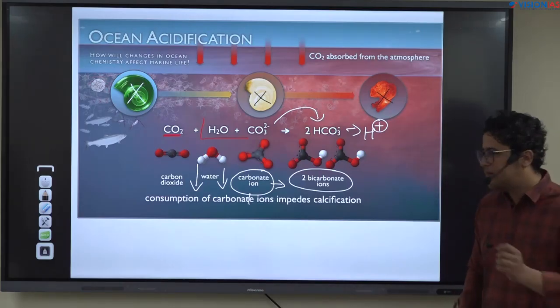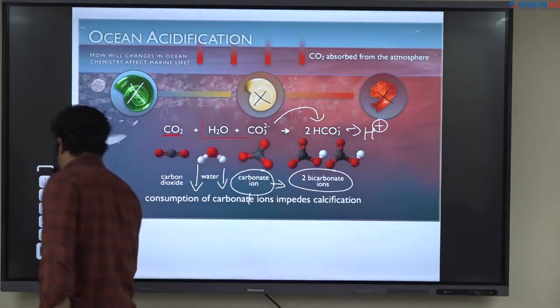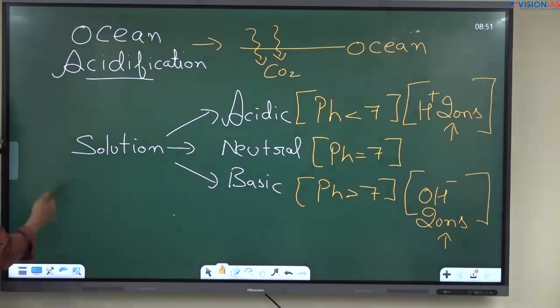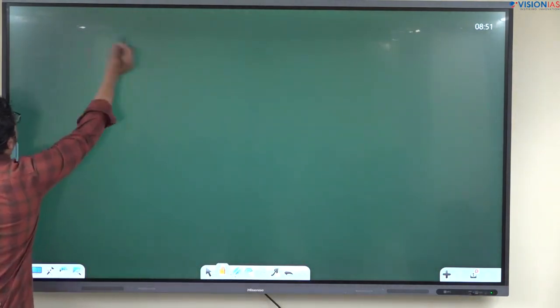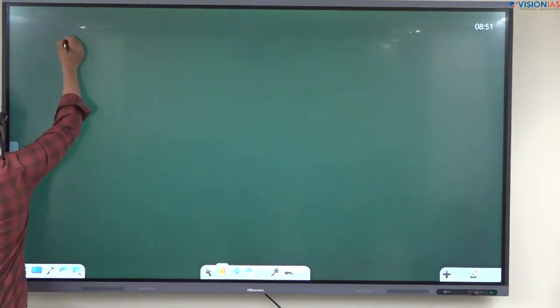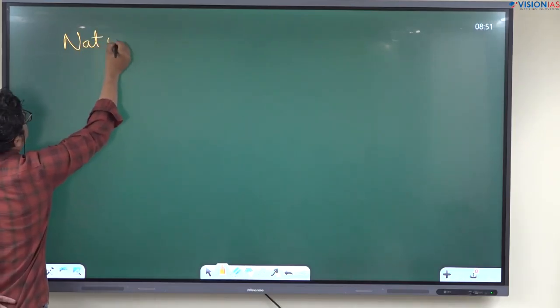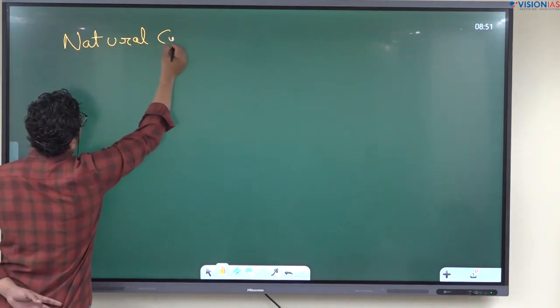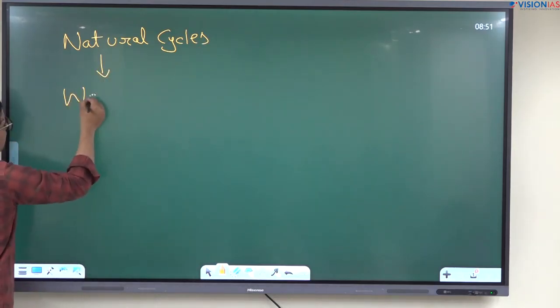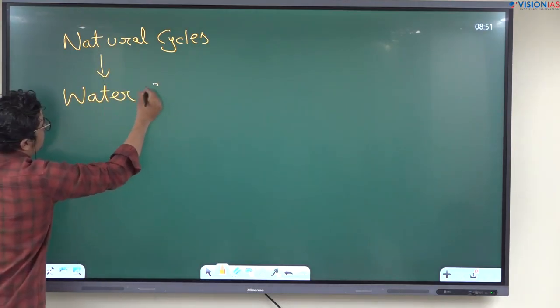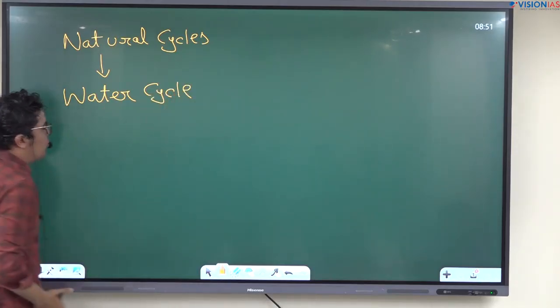Okay. Let's see another problem related to ocean acidification. See, we have different natural cycles on Earth. The most common natural cycle that you are all familiar with is the water cycle.